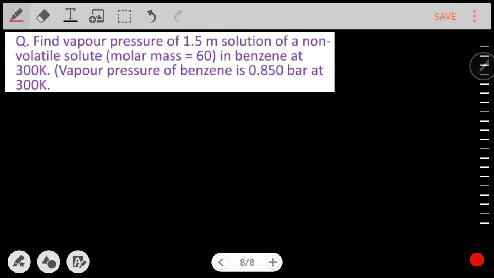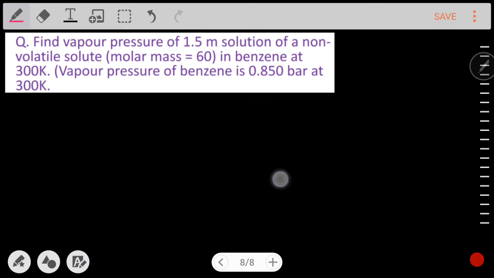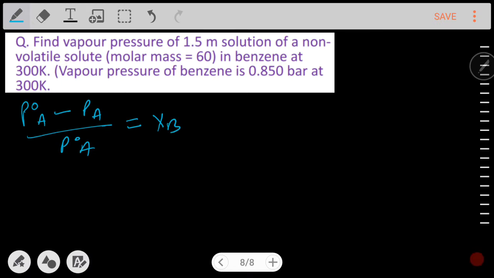So once again we will use the same equation, that is P naught A minus PA upon P naught A is equal to XB. Now what things are given here? We'll record it at the right side.